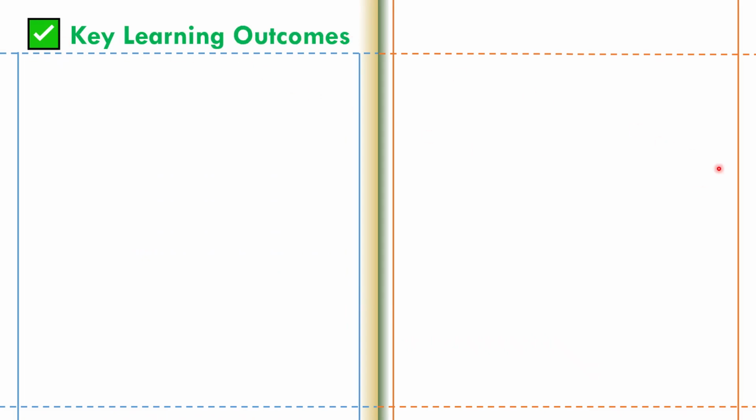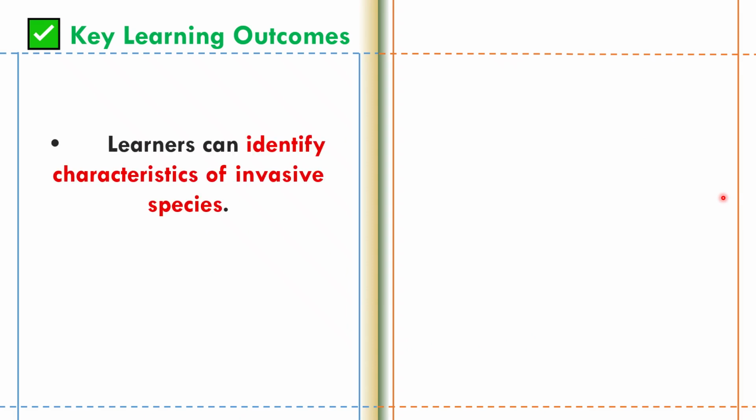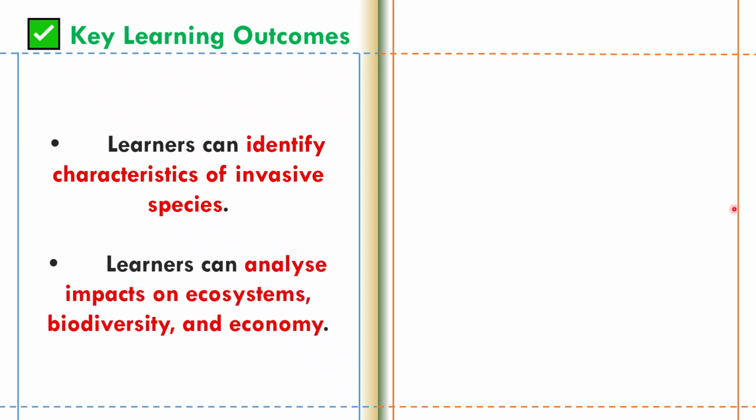Key learning outcomes. Learners can identify characteristics of invasive species. Learners can analyze impacts on ecosystems, biodiversity, and economy.